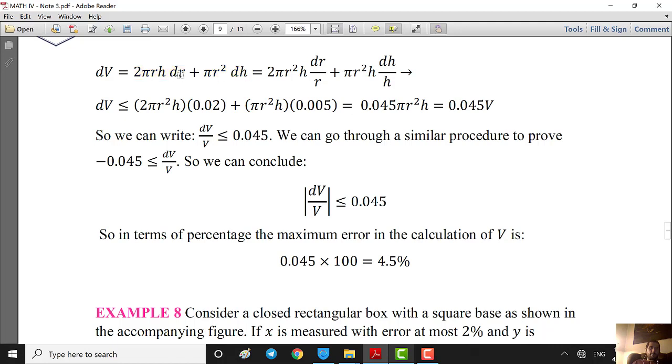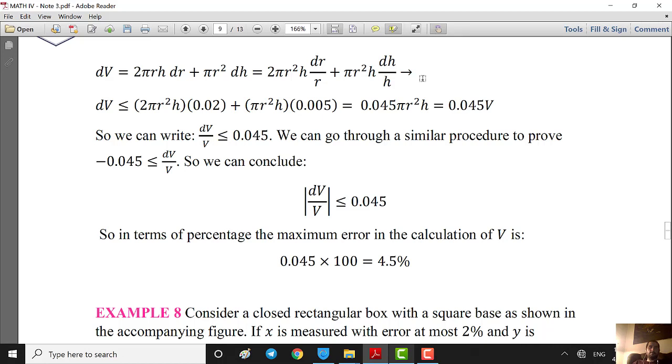If we multiply the first part by r over r, we're going to get 2 pi r^2 h times dr over r. And if we multiply the second part by h over h, we're going to get pi r^2 h times dh over h, right? Now dr over r and dh over h have appeared in the formula that we have for dV.